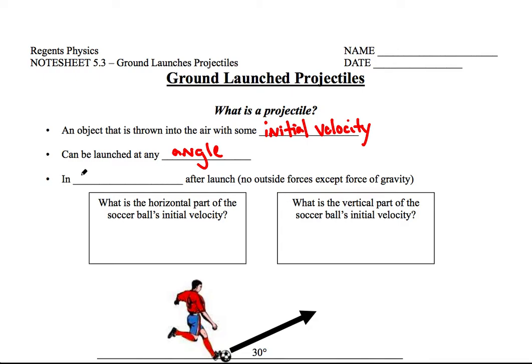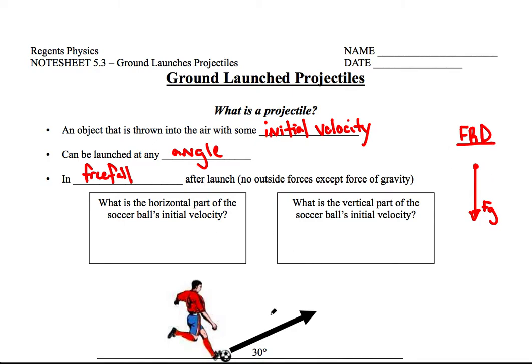And the other important thing is that since we're ignoring air resistance, it's in free fall after that. So what this means is that when this object's in the air, the only force that we're considering is the downward force of gravity. So the free body diagram for the entire flight would look something like so.